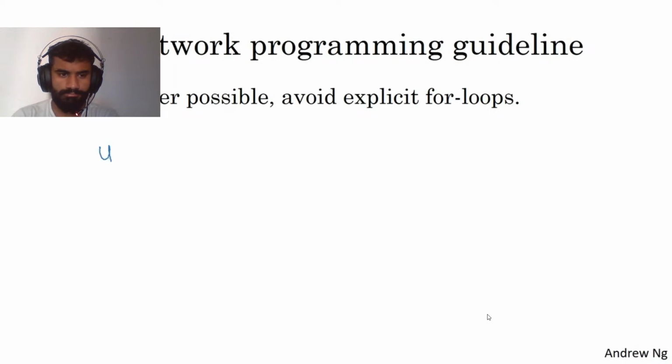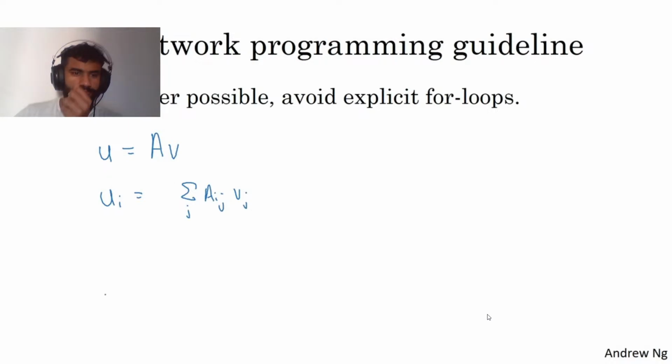If ever you want to compute a vector u as the product of a matrix A and another vector v, then the definition of a matrix multiply is that u_i is equal to the sum over j of a_ij times v_j. That's how you define u_i.